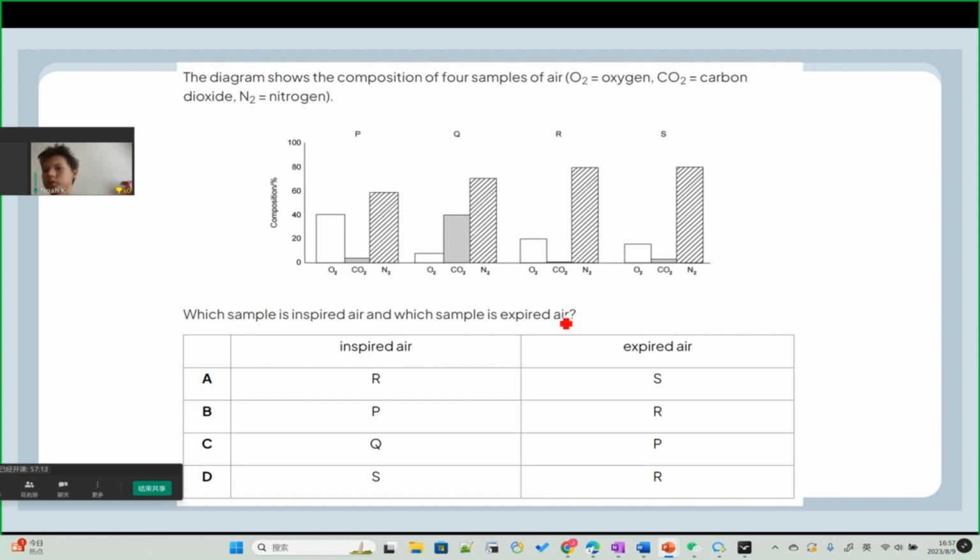Because the nitrogen. So which one do you choose? R, D. S and R. Yeah, but how about the oxygen concentration and carbon dioxide concentration? No, A. Yes.